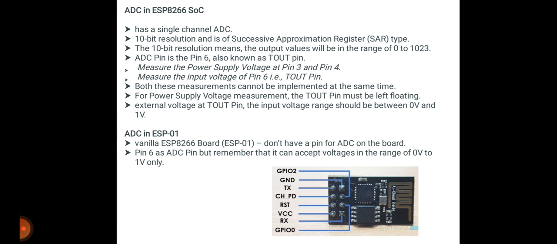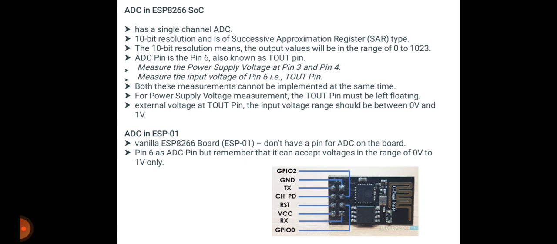So 0 volt and 1 volt. If you are building the firmware from the SDK, then refer to the datasheet and other relevant documentation, as there is a lot of information related to the ADC and its pin configurations. All this information is in the datasheet.